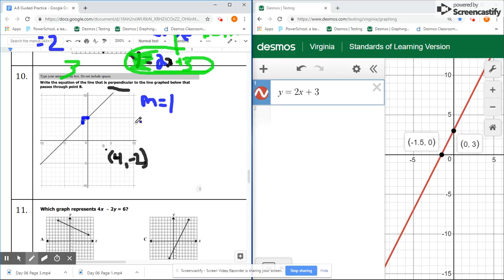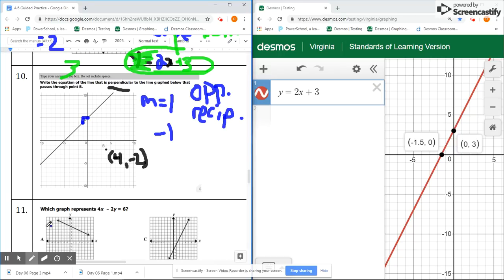And so we need a perpendicular. Remember, perpendicular is opposite reciprocal slope. So we're going to take this 1, flip it upside down, which is just 1, and change the sign to make it negative 1.